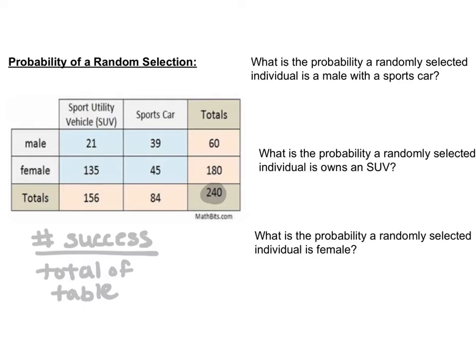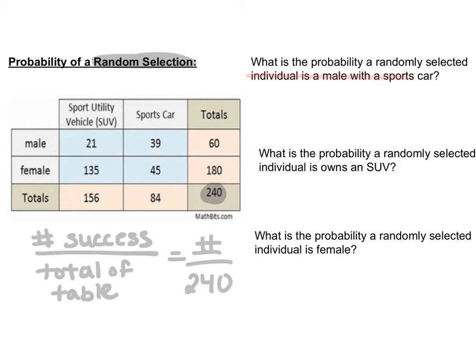So our probabilities, when you're dealing with a random selection, it's always going to be some sort of number over 240.